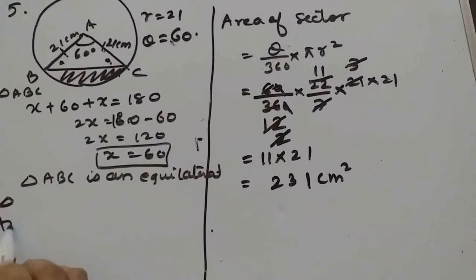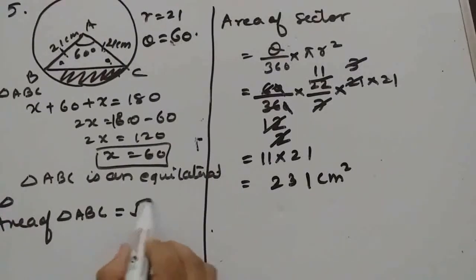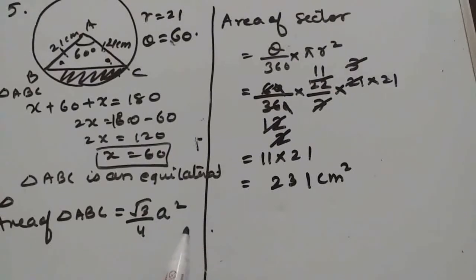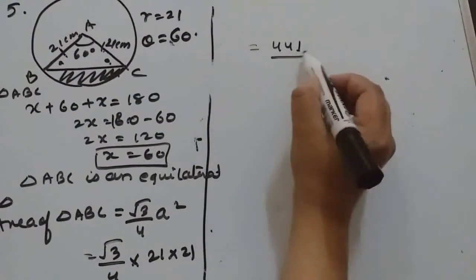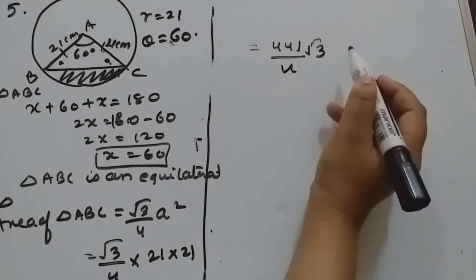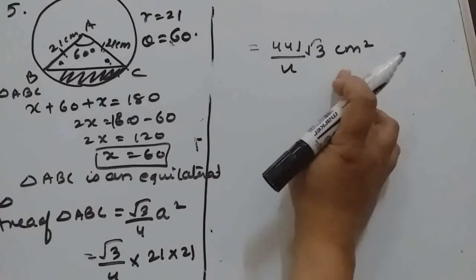Okay, so area of equilateral triangle will be what? If side is given, √3/4 a square. So we will write √3/4. A is 21 into 21. So answer is 441/4 √3. Okay, this is the centimeter square area of the triangle.